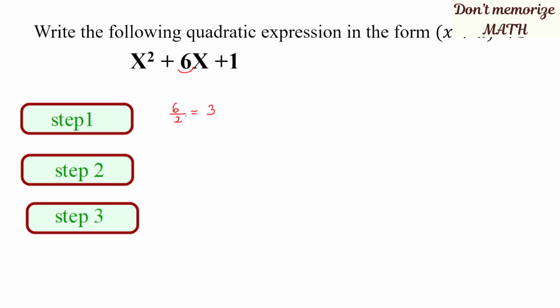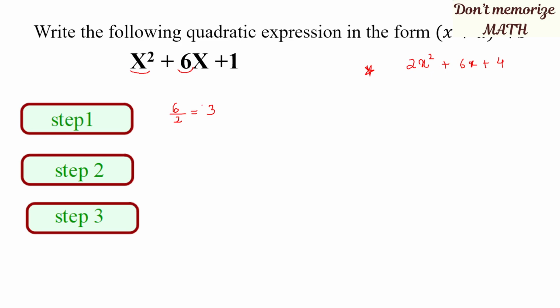That's it. And one more very important thing: these steps for completing the square we follow only for a quadratic expression where the coefficient of x square is 1. This must be x square. If it is 2x square, you cannot use the method in this form. Suppose you have 2x square plus 6x plus 4 equal to 0.